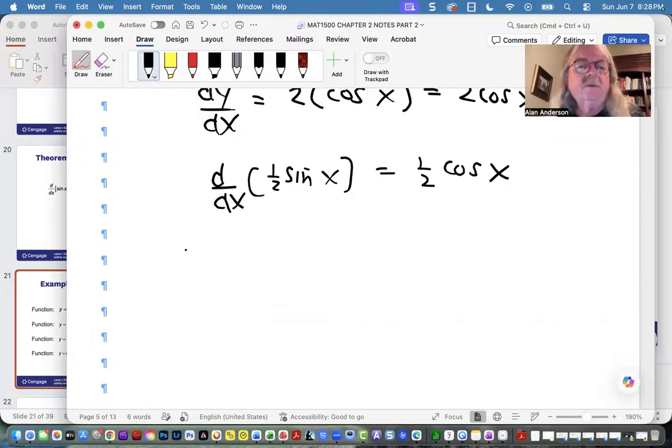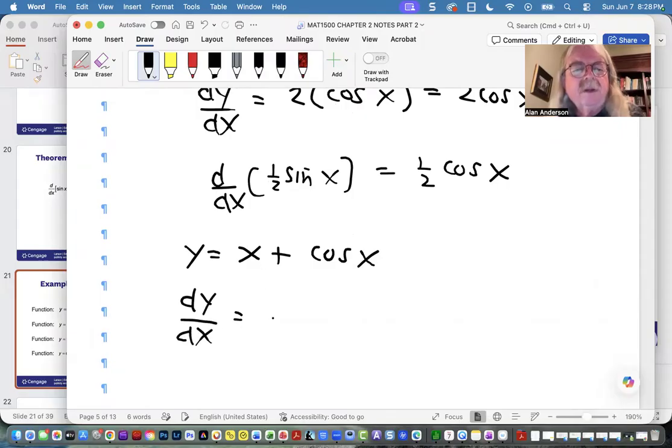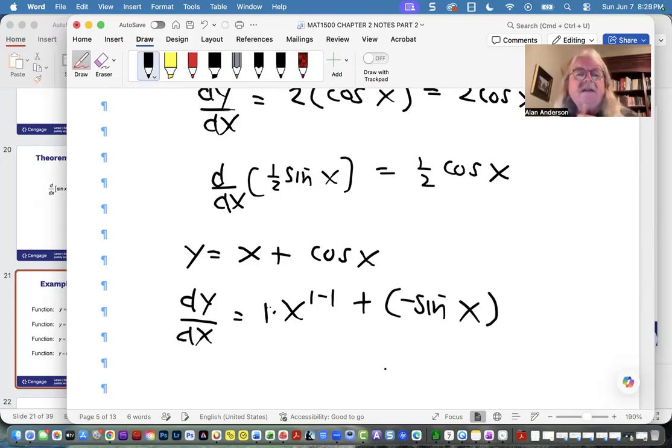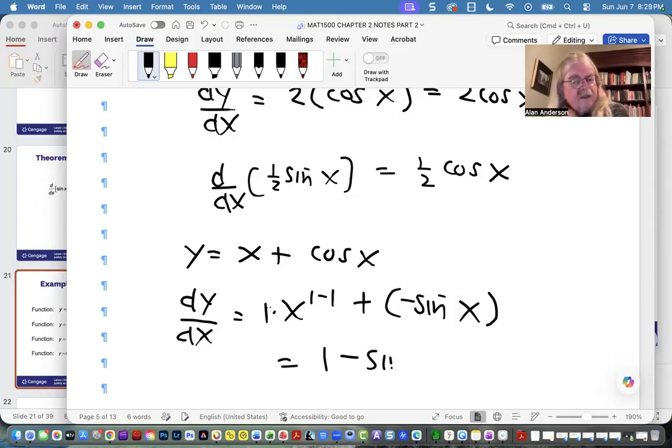So we're applying two different rules and adding them together. So here we apply the power rule. Here we know this to be the negative sine of x. So we end up with 1 minus sine x.